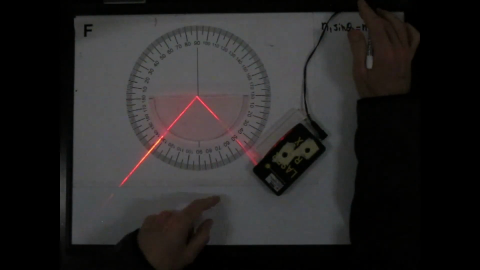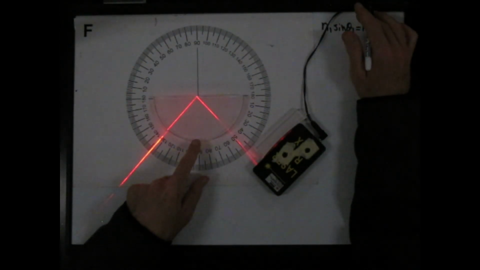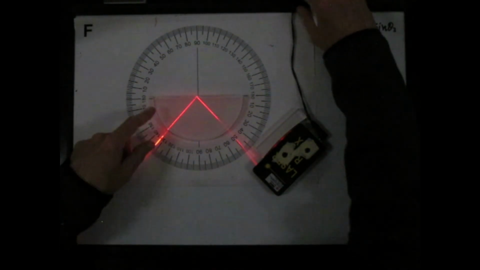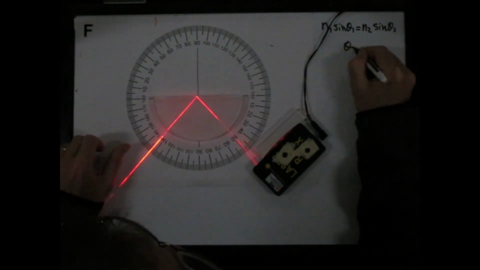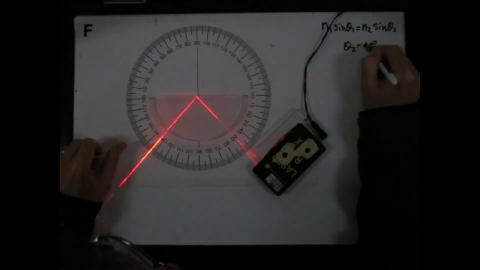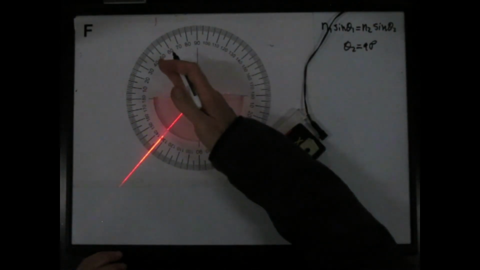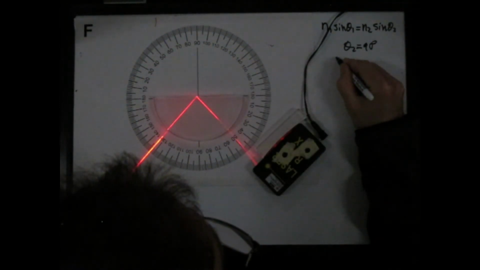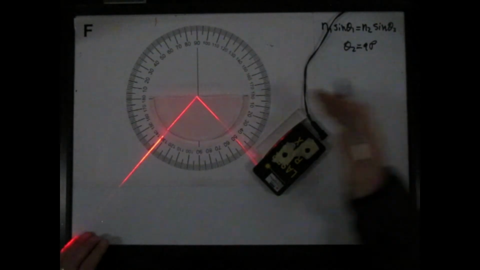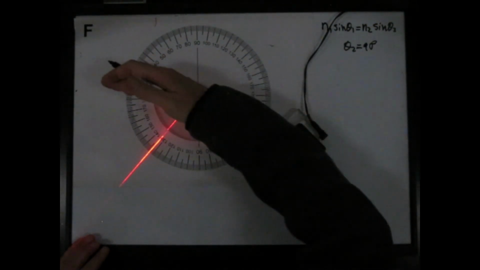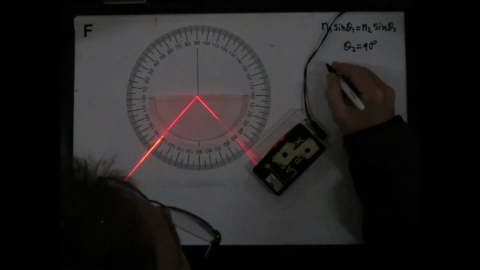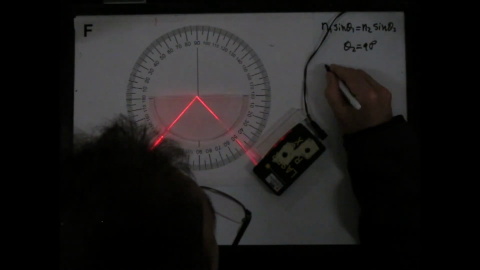Now this side is our n1 inside the acrylic, and the air is our n2. And for n2, we're going to say theta 2 is 90 degrees. In other words, when we get it right along the edge of the surface, the incident angle for which the outgoing ray is at 90 degrees is called the critical angle.